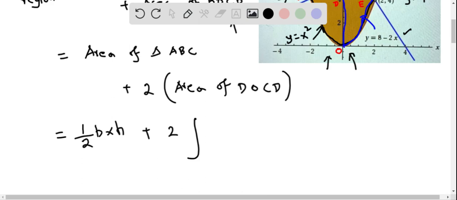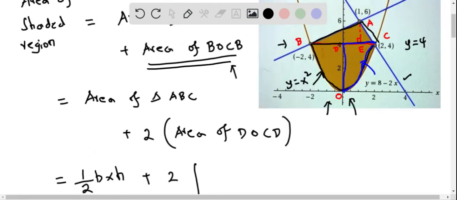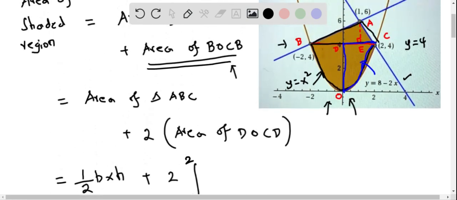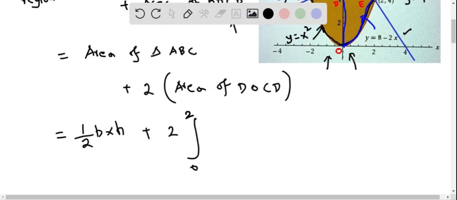Here the x starts from 0, and the upper limit of this region is x equal to 2. So I put 2 here, and then we put the top curve, which is the line y equal to 4, and then subtract the bottom curve, the curve y equal x squared. So it is basically 4 minus x squared dx.